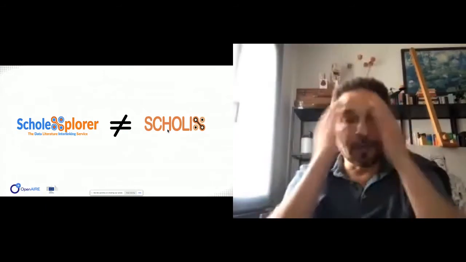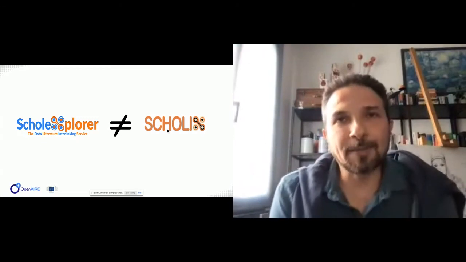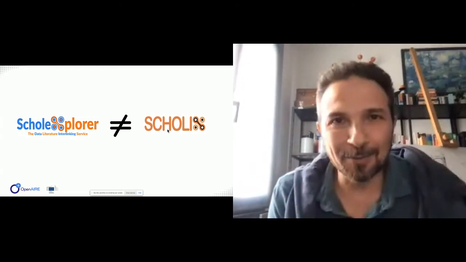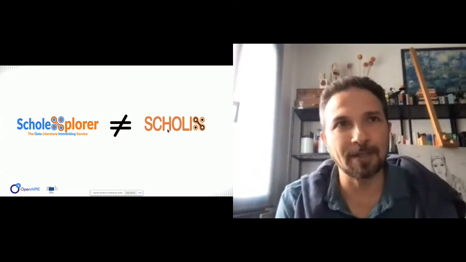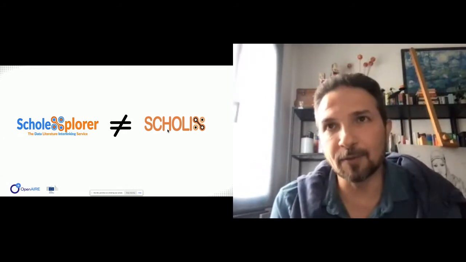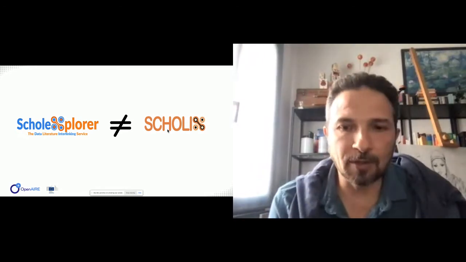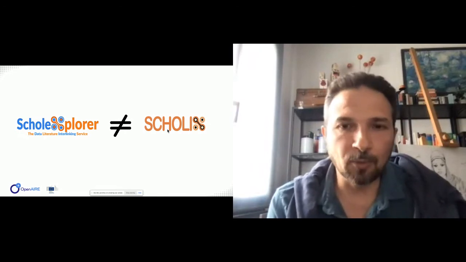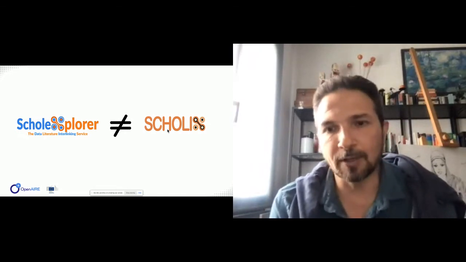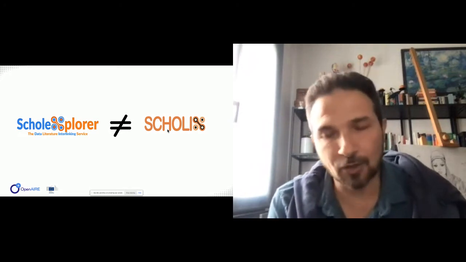Okay. So first of all, this is the first concept that I would like to deliver to the audience, because that's a very common misunderstanding. As Rachel explained, there is a difference between Scholix, which is an initiative focusing on the definition and endorsement of a data model and exchange formats for scholarly links exchange.